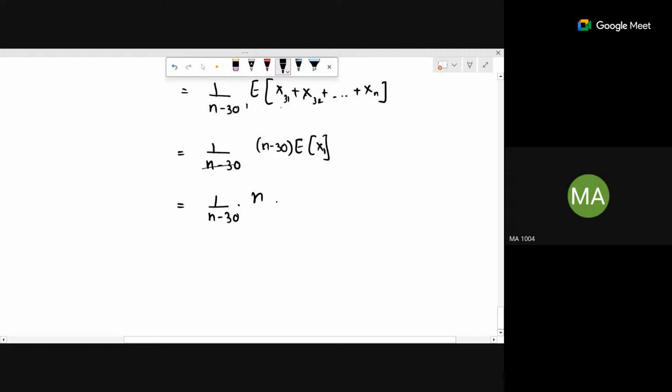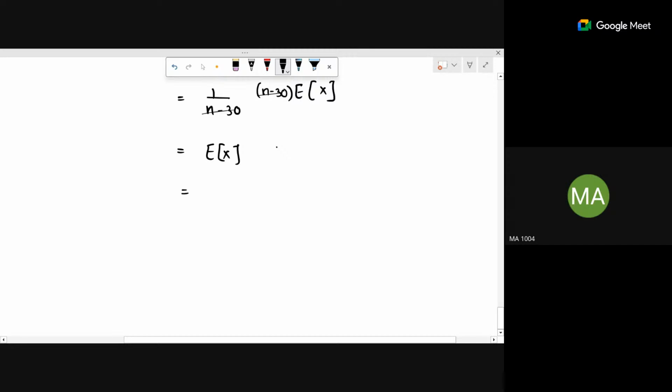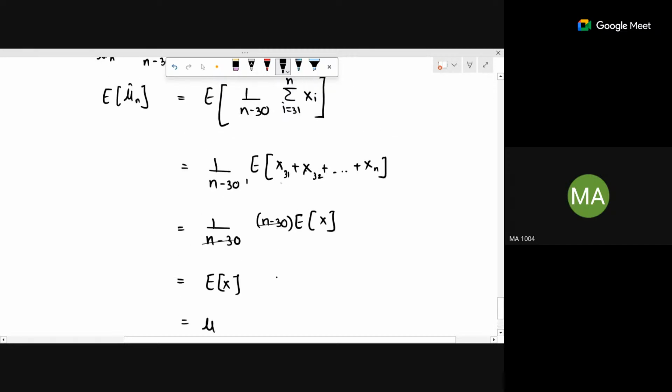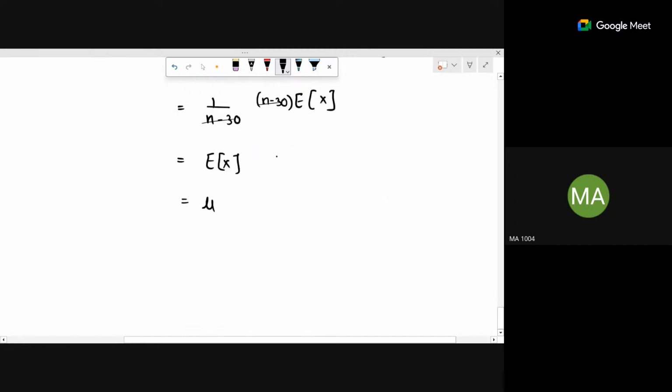This will get cancelled and it is going to be converted to the expectation of x. You can write x or x1, that is also fine because they are identically distributed. So the expectation of x is given as mu. So we got that the expectation of the estimator is nothing but mu itself.